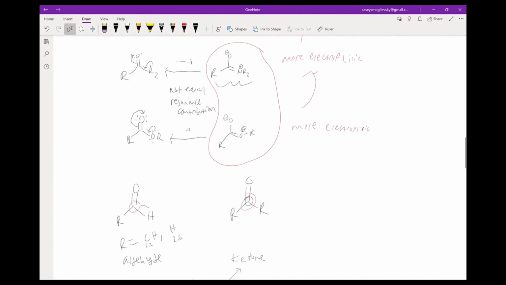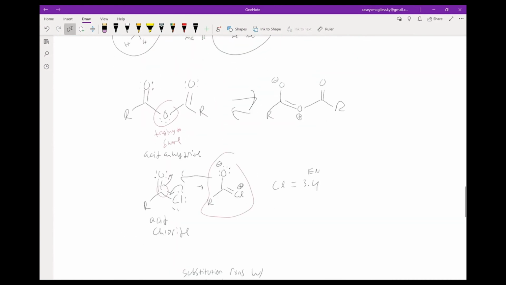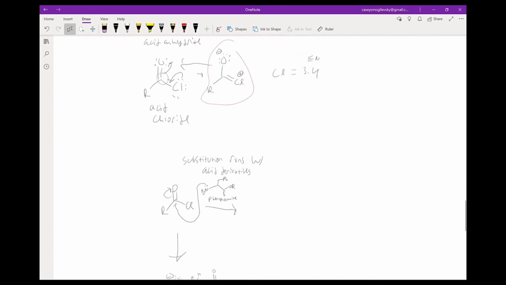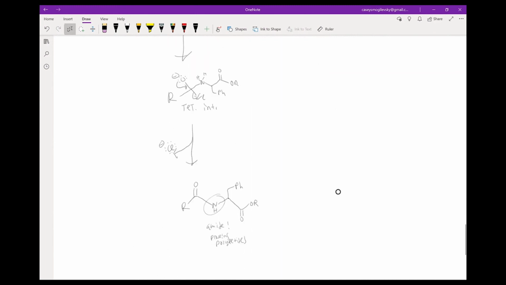The identities of the leaving groups and how that also plays into these different reactivities. How electron donating and electron withdrawing character plays into these reactivities, especially in the aldehyde versus ketone case. And finally, we did a small example of a substitution reaction with carboxylic acid derivatives.